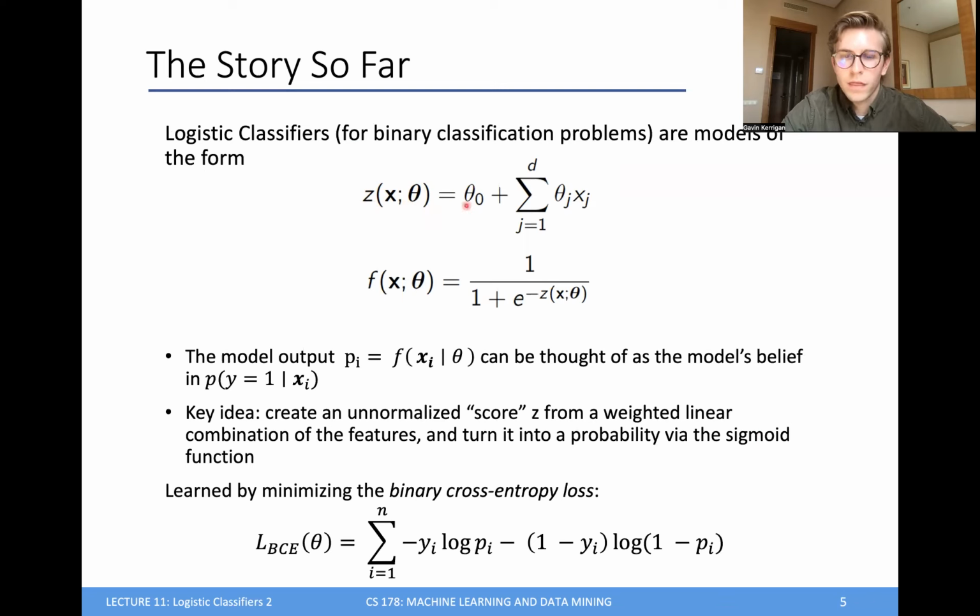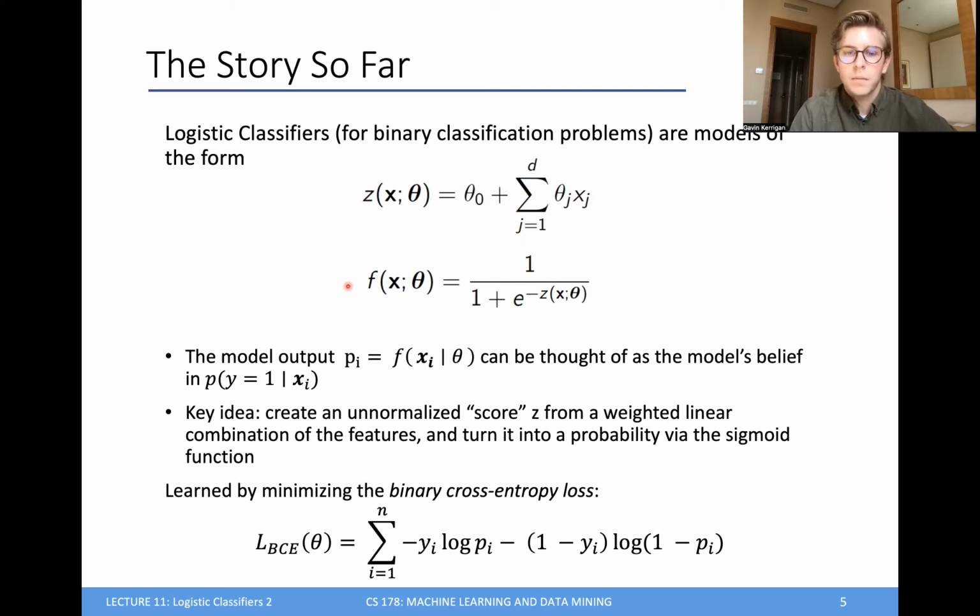So I take my weight theta naught, this is sometimes called a bias term, and I add this to the sum over theta j times x j. So I just multiply my feature values times my weights in my parameter vector. This gives me some kind of unnormalized score, if you like. It's just some real valued number that is the output of this z function.